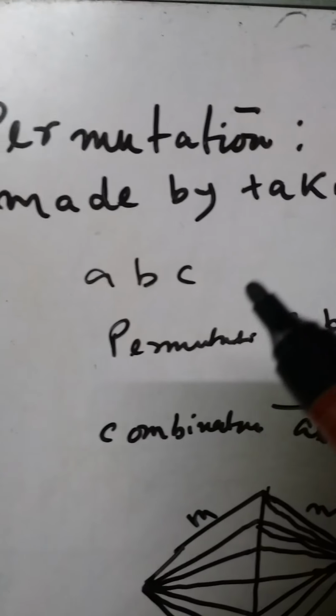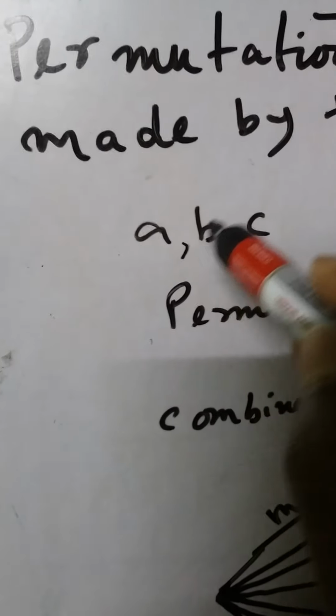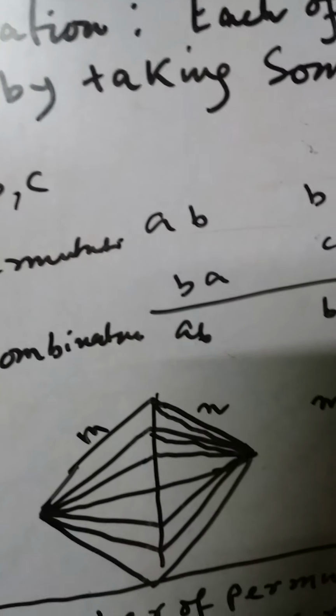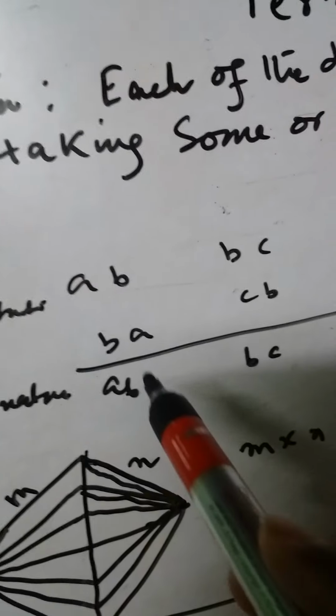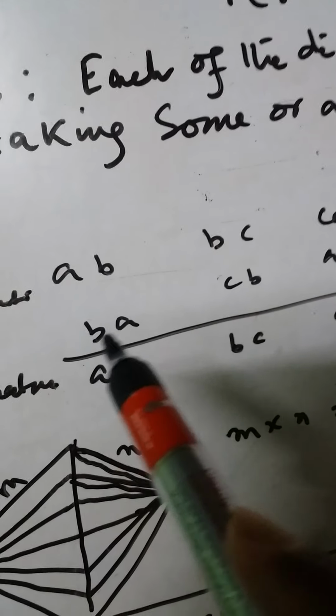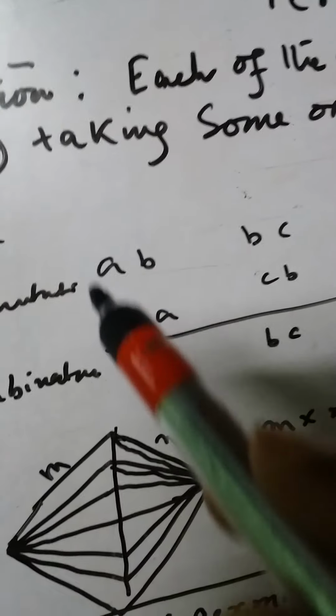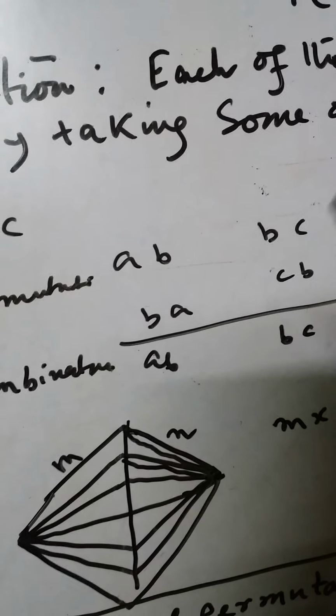Now, let A, B, C be three different numbers, and what will be the permutation? AB, BC, CA, BA, CB, AC, which means we get 6 arrangements.